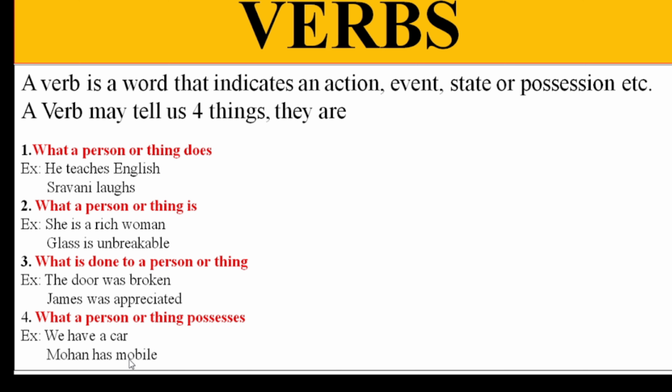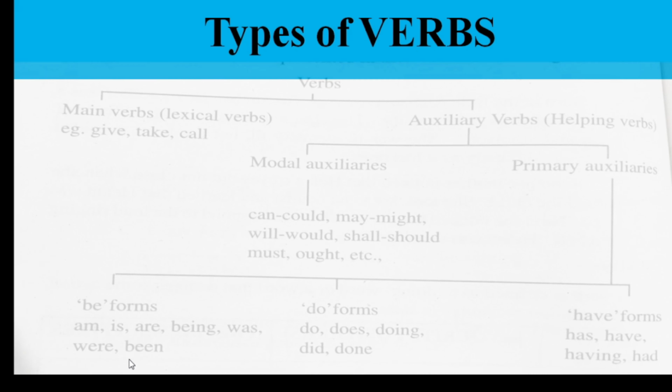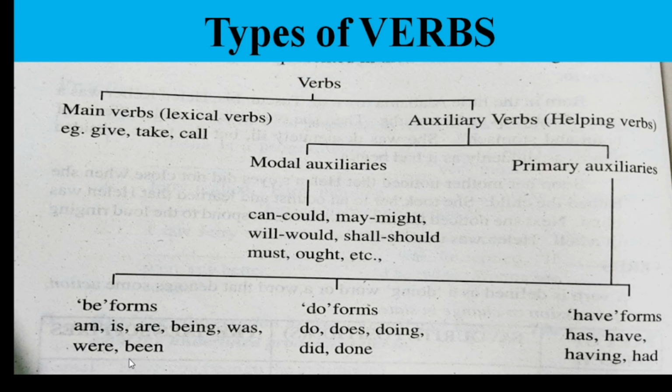Now look at the types of verbs. We know how verbs have been classified or divided. This will be very interesting and you will learn many things through this classification. If you look at this picture, it will help us understand the family diagram, the complete picture of the verb family.